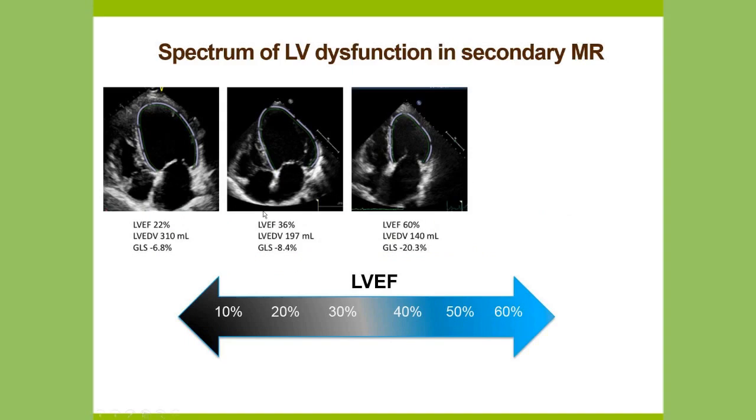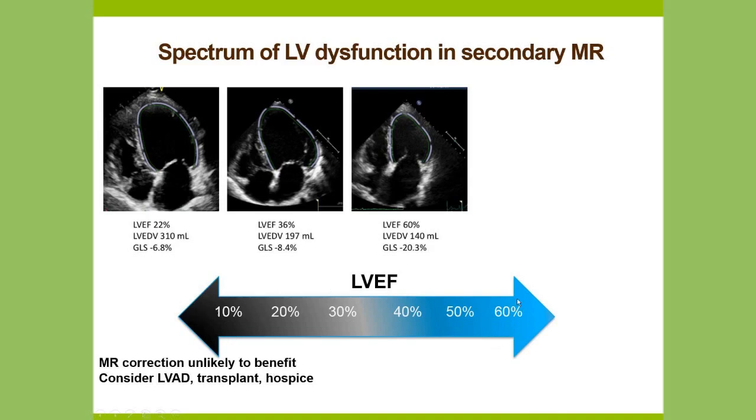And this slide just shows the spectrum of LV dysfunction and how complicated this is. If your EF is down here at 10% and you have a 300 ml LV with a spherical geometry, it might be better to treat you with an LVAD or a transplant. You know, it's unlikely that fixing the MR is going to benefit this patient because they're still going to have a terrible LV.